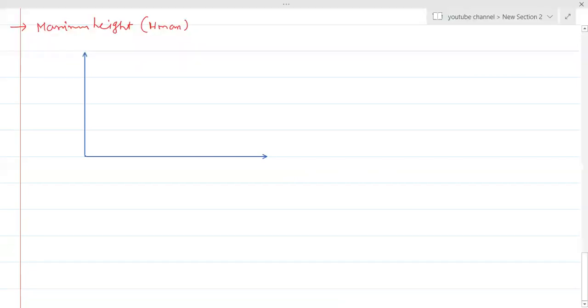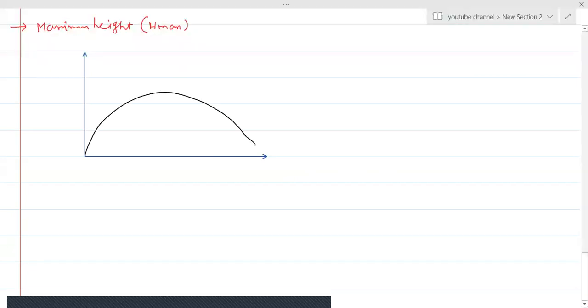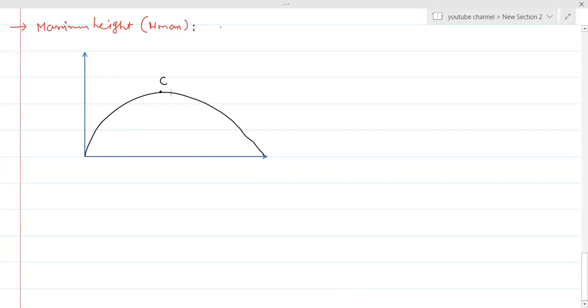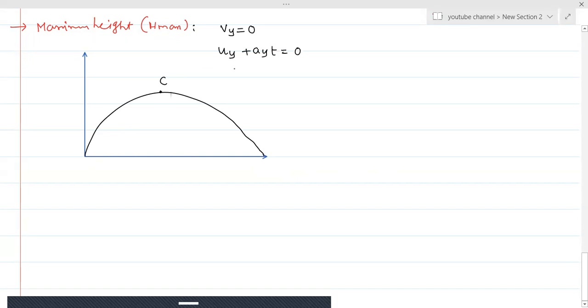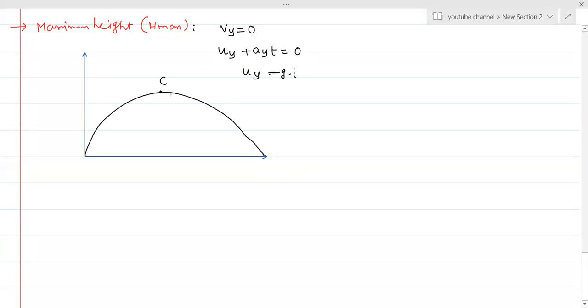For example, this is the projectile, and this is the point C at maximum height. So at maximum height, the vertical velocity will be 0. Vertical velocity means uy plus ay into t equivalent to 0. So uy minus g into the time, which is known as time of ascent, equals 0.